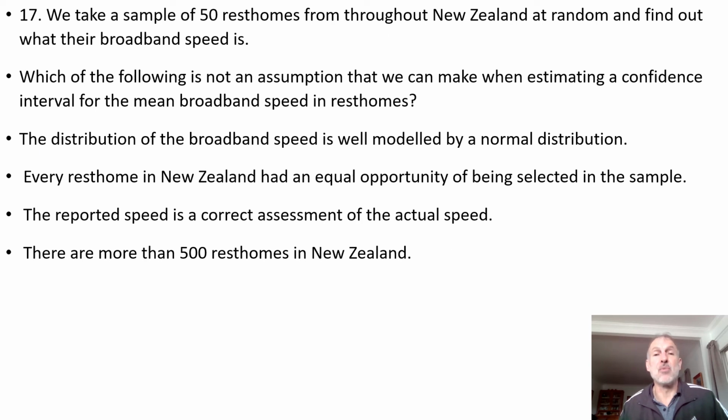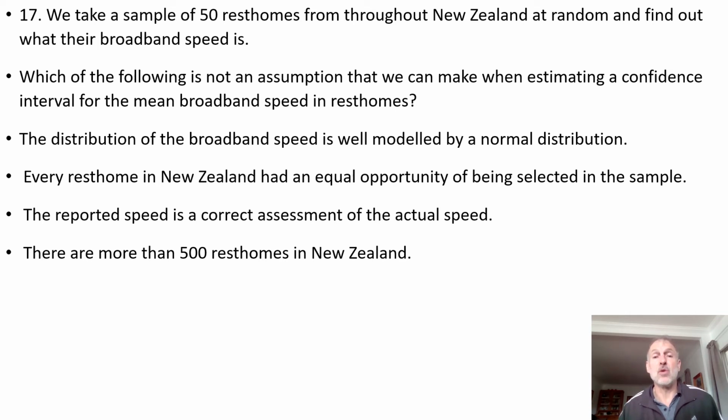We take a sample of 50 rest homes from throughout New Zealand at random and find out what their broadband speed is. Which of the following is not an assumption that we can make when estimating a confidence interval for the mean broadband speed in rest homes? The distribution of the broadband speed is well modeled by a normal distribution.